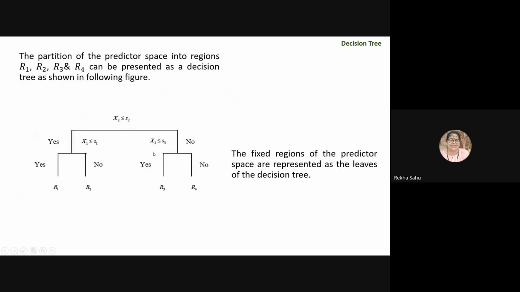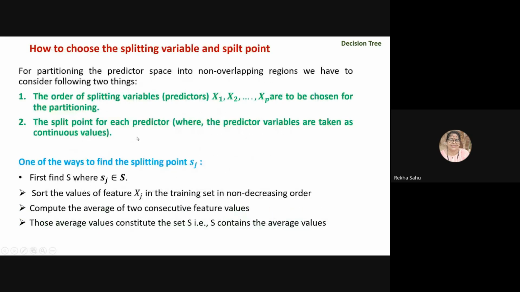Like here your splitting points are S1, S2, S3. How do you find them? There is a mathematical technique you will apply for all the points. For the feature values, you sort them in non-decreasing order. Then the average of consecutive two values is taken, and that will be your splitting point.